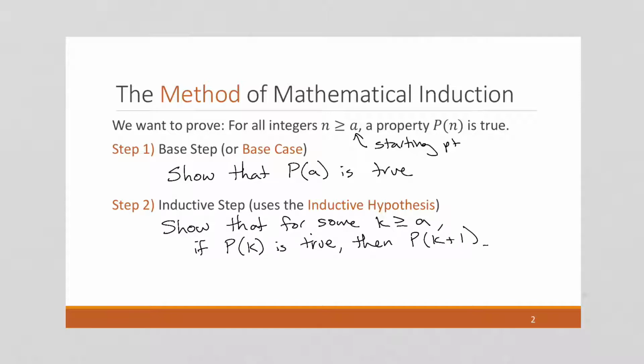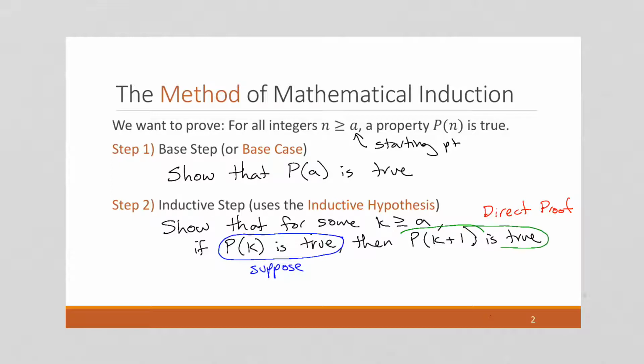And as we said before, we can do this with a direct proof, where we suppose this first part and try to show the second part. And this part that we suppose is called the inductive hypothesis.